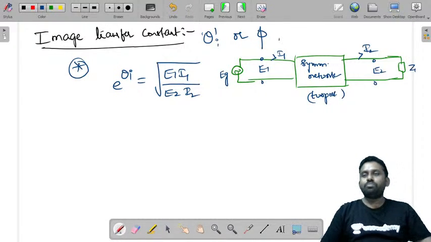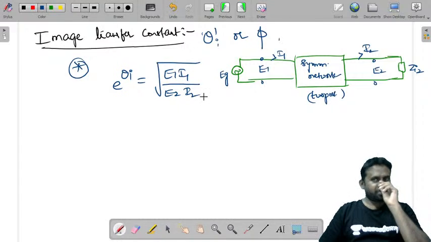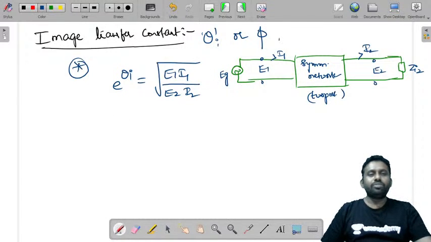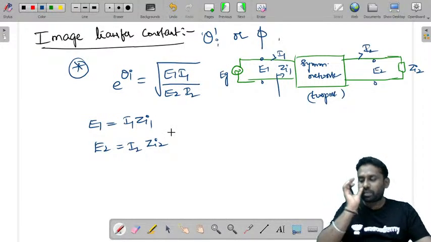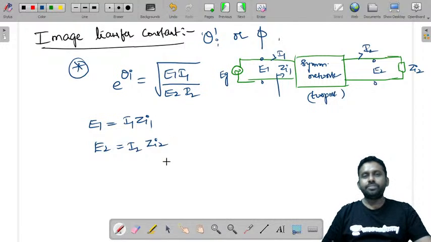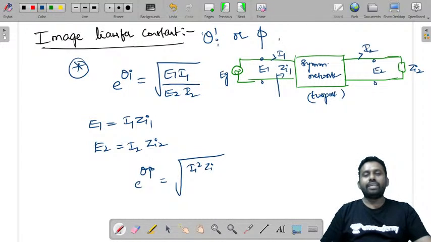Let this impedance be Zi2. Then E1 is equal to I1 into the impedance here, Zi1, and E2 is equal to I2 into Zi2. Substituting these values, you'll get e power theta I is equal to root over I1 square Zi1 by I2 square Zi2.